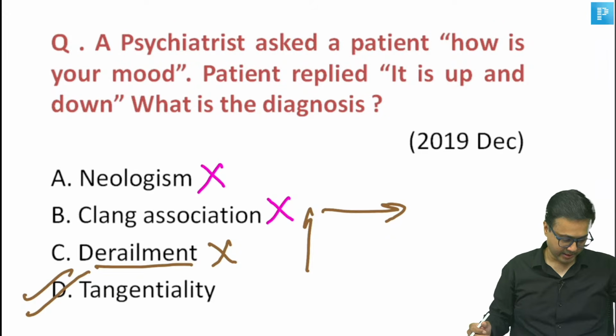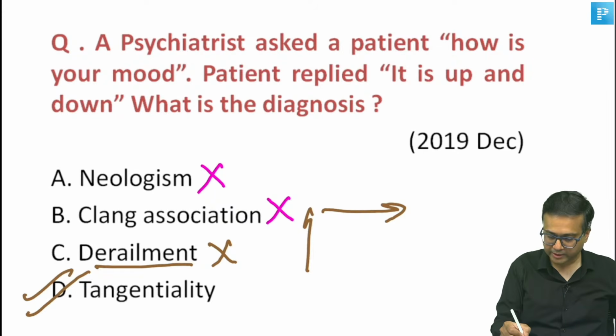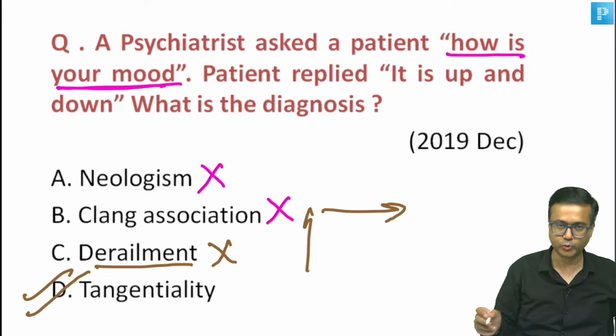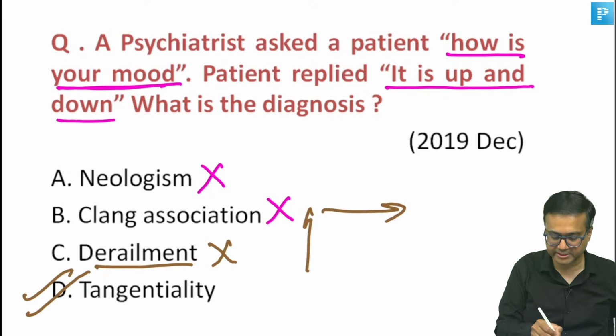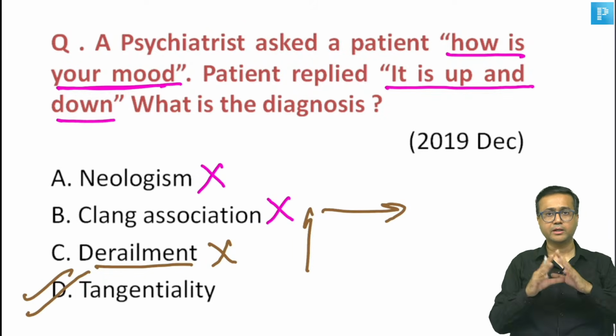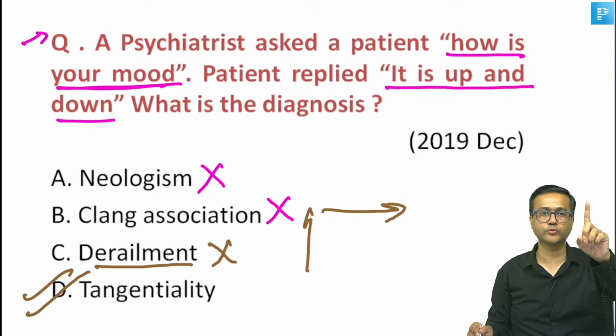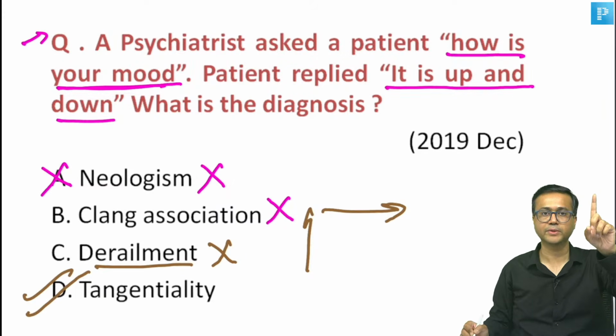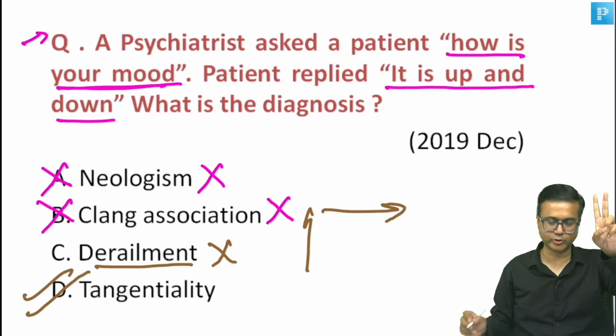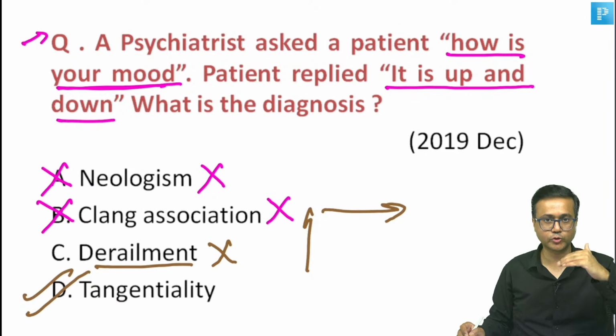Okay, right? Beta, I'll repeat again, beta. Look, you have asked a person how is your mood and see what is his reply. He says it is up and down. It may appear to be an incomplete question, but when we see all the options, beta, we know there is no new word. So there is no neologism. There is no rhyming also. There is no clang association. See, for derailment, what should be there?